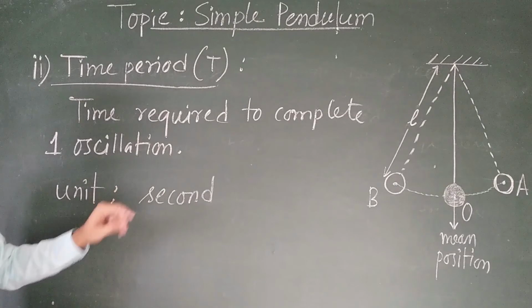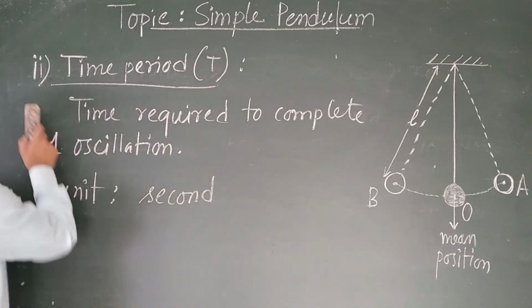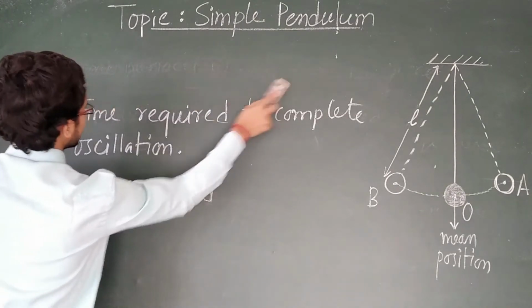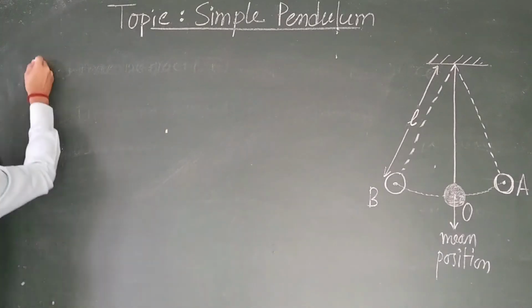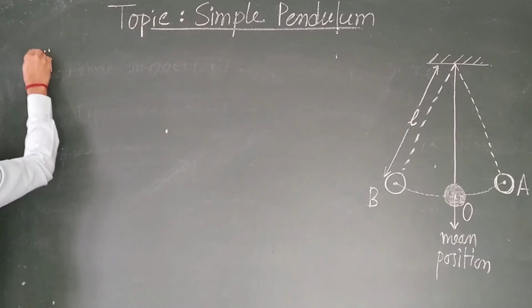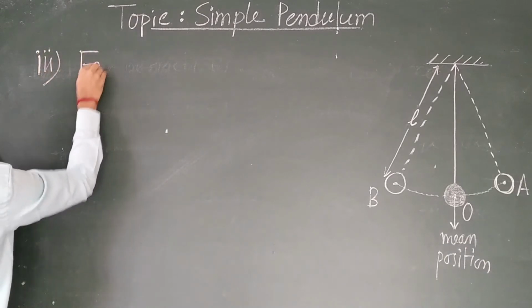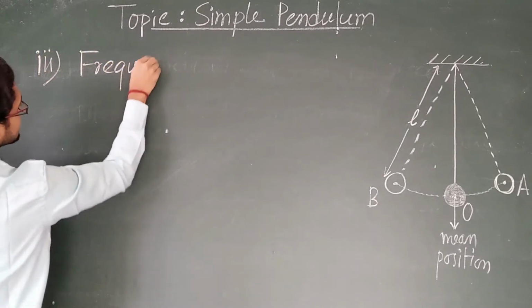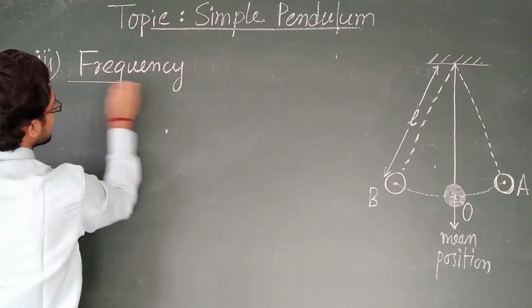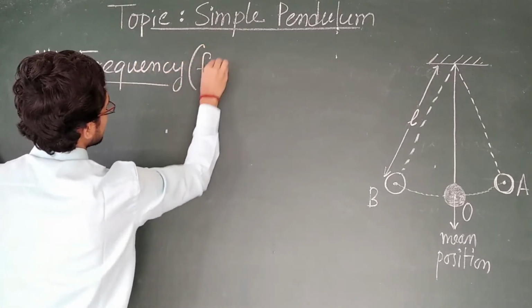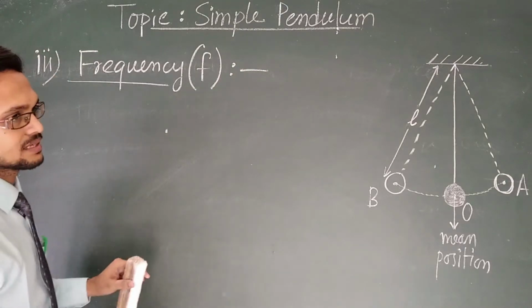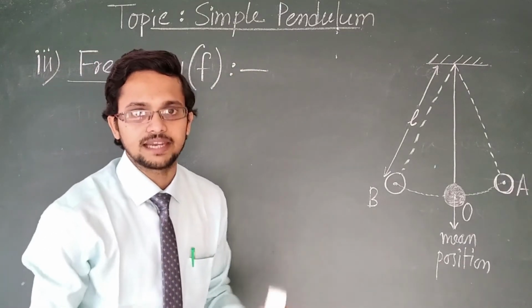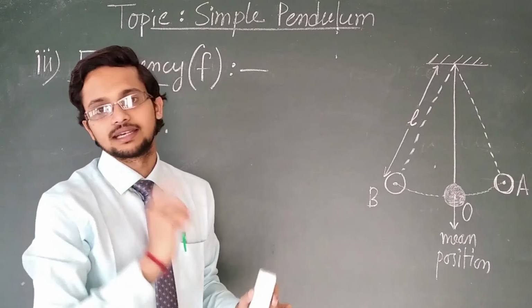Now come to frequency. Third point is frequency. Frequency is denoted by small f. What is the meaning of frequency? Frequency means the number of complete oscillations in 1 second.